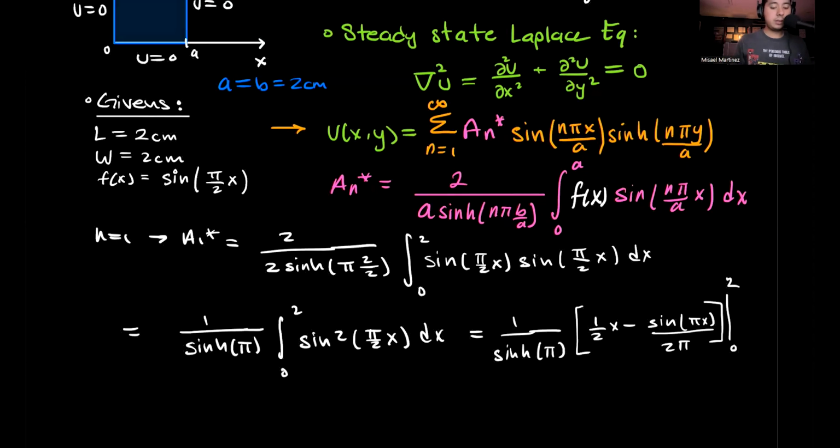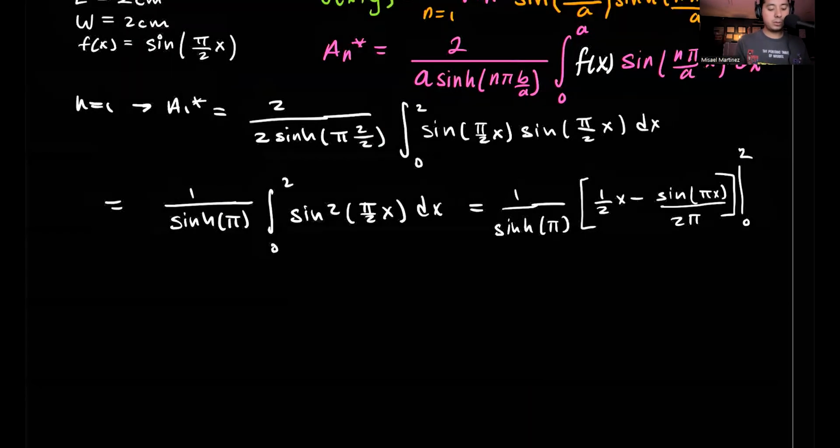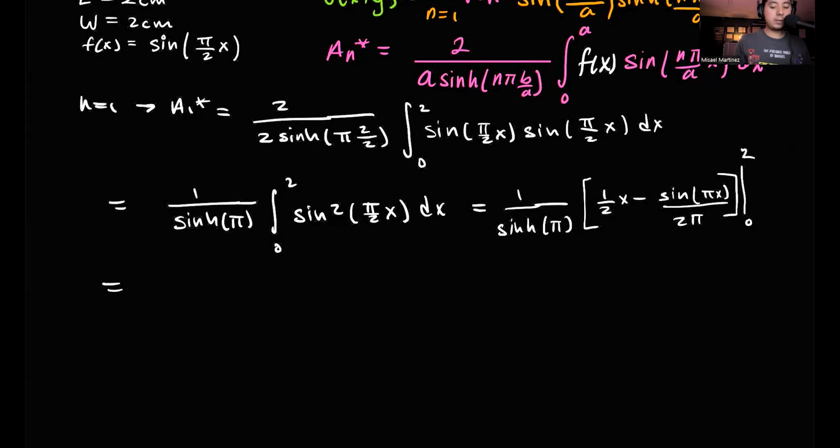All right, so let's evaluate this. So this is 1 over hyperbolic sine of pi times 1/2 x. So this will be 2 over 2 minus sine of 2 pi over 2 pi.